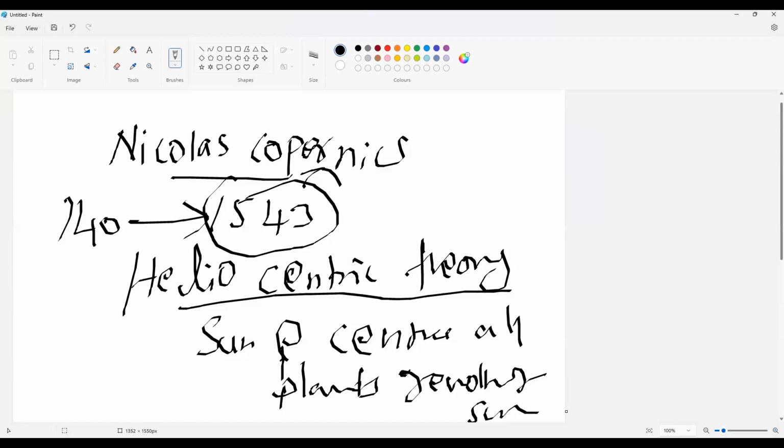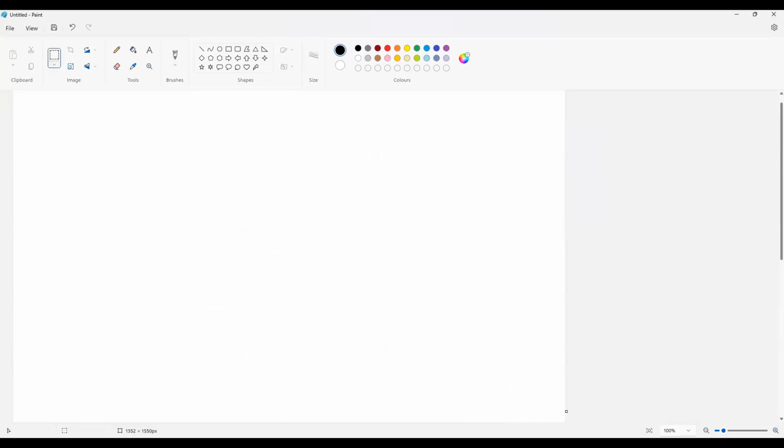How can we trust images? Why do you believe it if someone tells you the Sun is at the center and all other planets are revolving around it? That is the heliocentric theory. Who told this? Nicholas Copernicus. Now, why should I believe this? No idea. Okay.